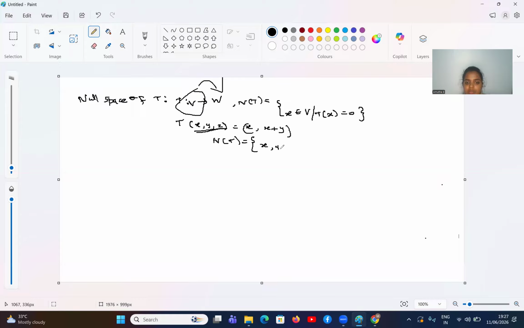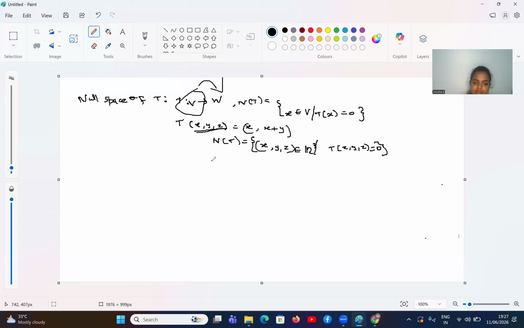So, you are going to collect 3-tuple elements from V. This V is nothing but R3. Now, we write T of (x, y, z) equal to 0, from the above definition.